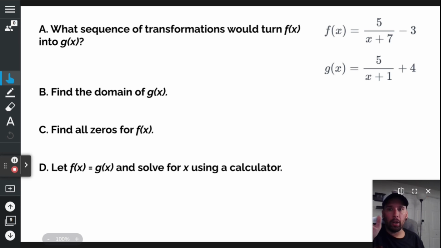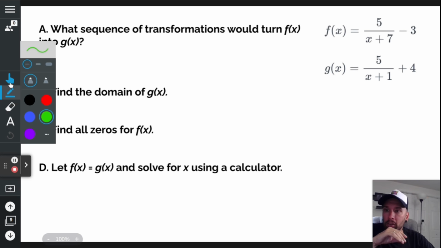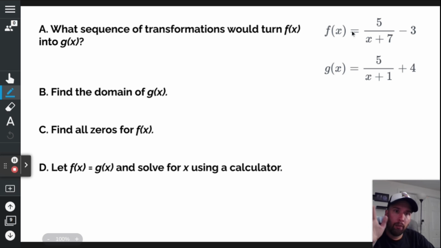What sequence of transformations would turn f of x into g of x? Okay, so the difference between f of x and g of x is, I'm not multiplying f by anything, thank God. But I went from x plus 7 to x plus 1, which means I have a minus 6 next to x.